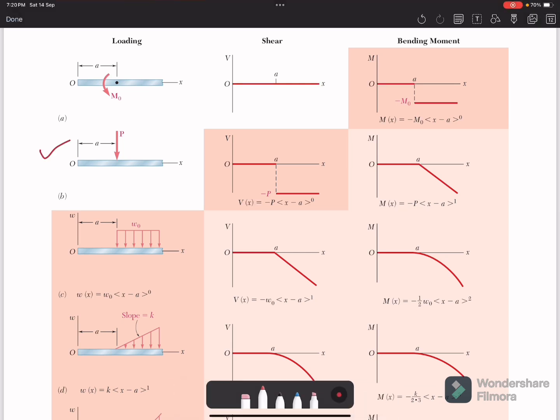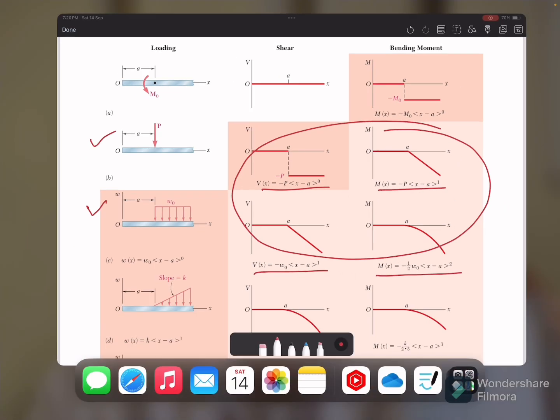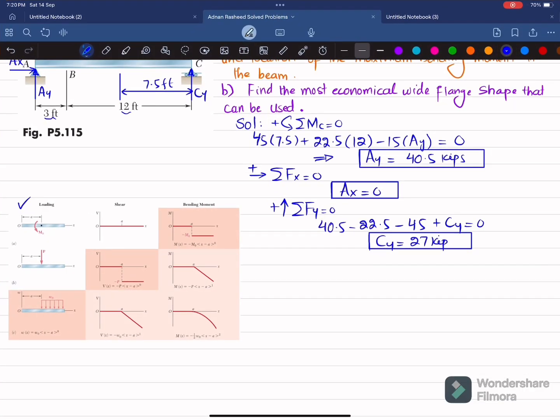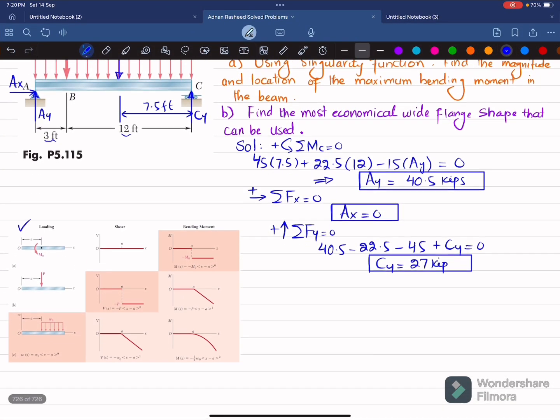We have a point load and a distributed load, so we are using these graphs for finding the shear force and bending moment equations for a point load and for a distributed load. So I have copied over here. So let me show you here.